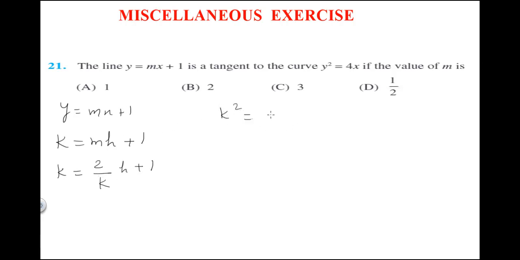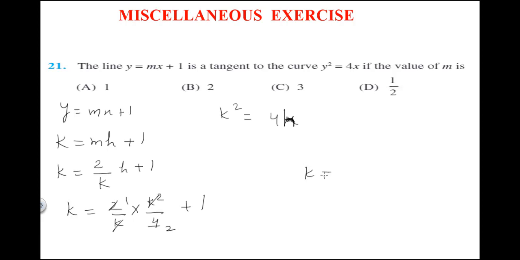Also, we had the equation k square equals 4h. So we can put the value of h from here, which is k square by 4. Clear? If we do that, we get k equals 2 divided by k multiplied with k square divided by 4 plus 1. k and k are getting cancelled. So 2 ones are 2, 2 twos are 4.